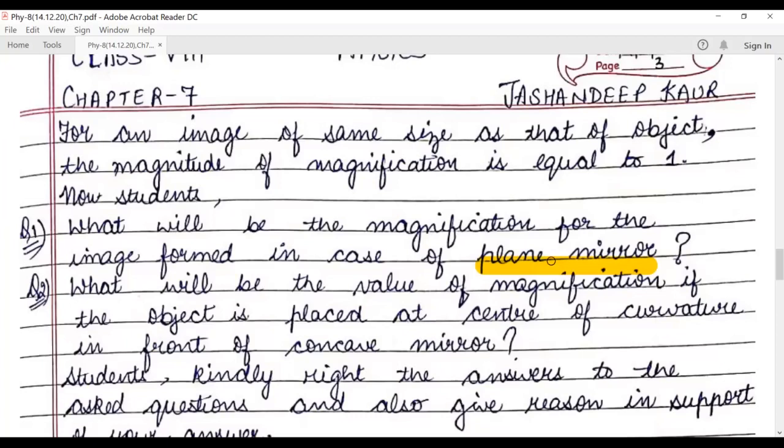Question number 2: what will be the value of magnification if the object is placed at the center of curvature in front of a concave mirror? Kindly pause this session and write down the answers and then resume further to check your answers.